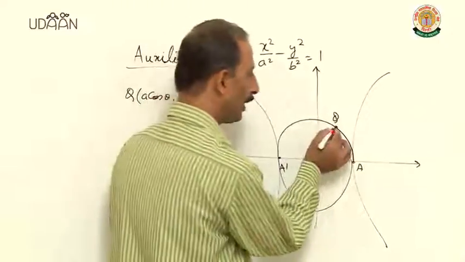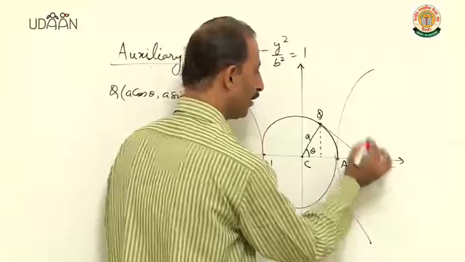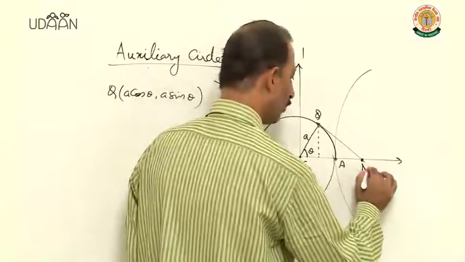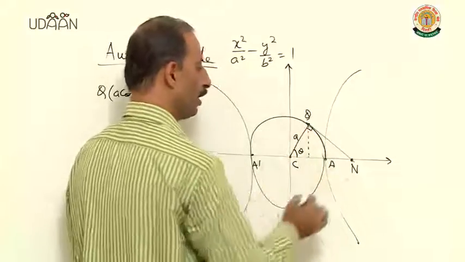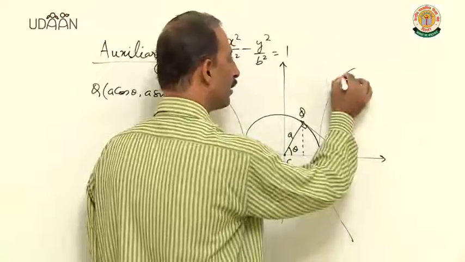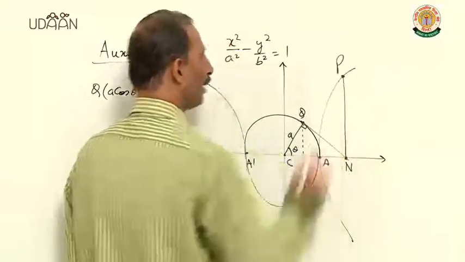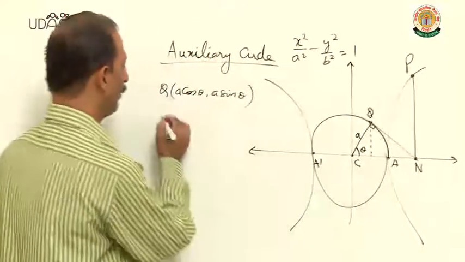Now if you draw a tangent at the point Q, it will intersect the transverse axis at the point, say N. This total angle is 90 degrees. If you draw the perpendicular on the axis here, say this is the corresponding point P. Now you can find the value of CN.